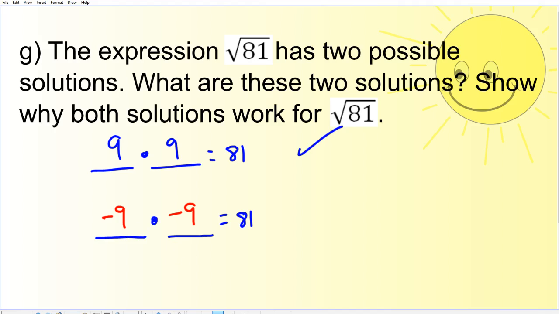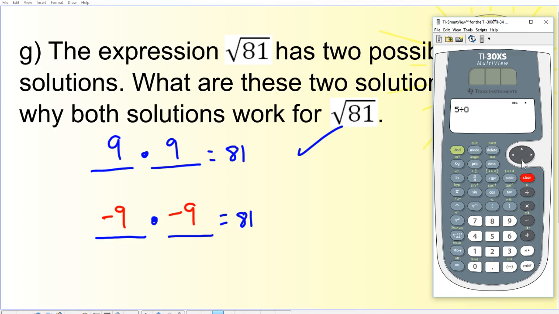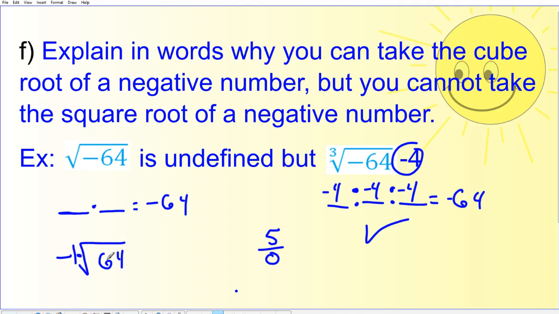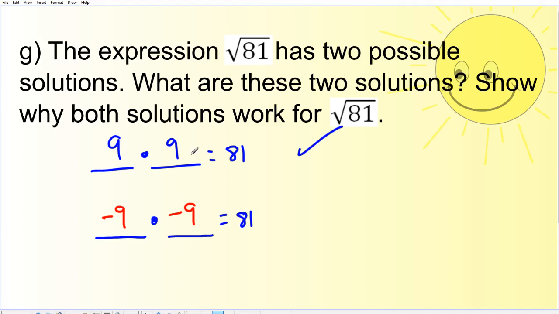That's what I was saying in the last problem we were just looking at. When we were doing the square root of the negative 64, I showed that positive 8 times positive 8 is positive 64. Negative 8 times negative 8 is positive 64. So these are our two answers.